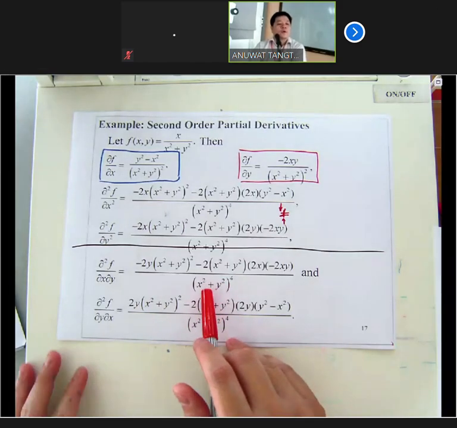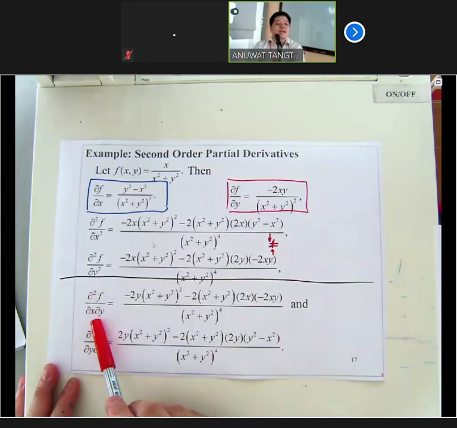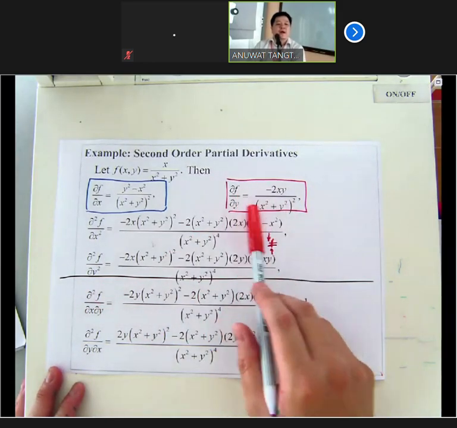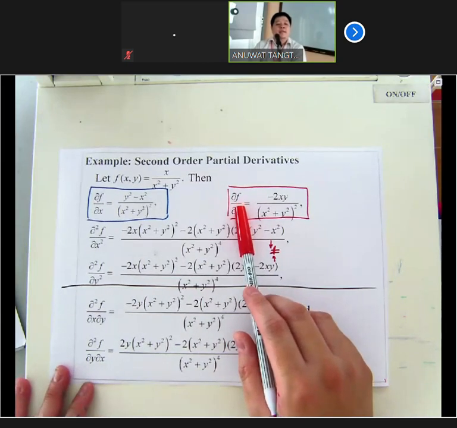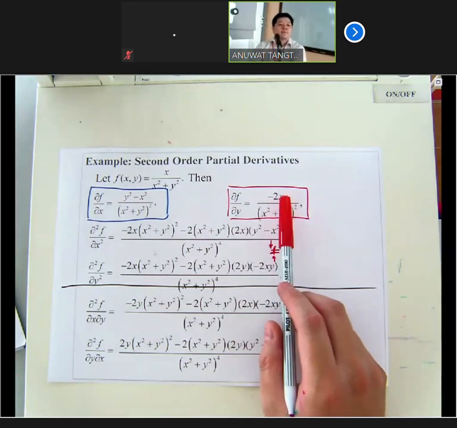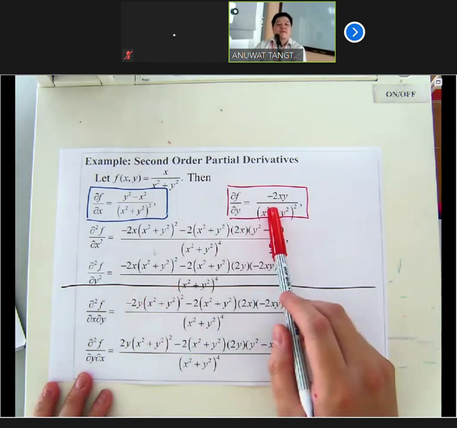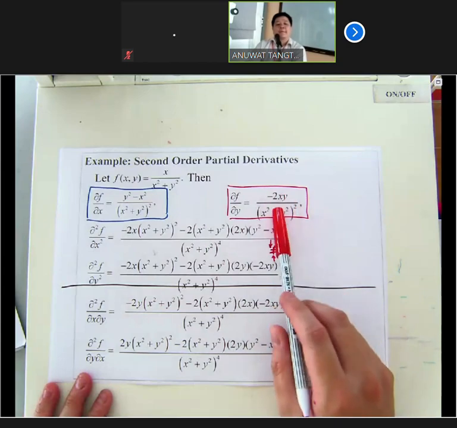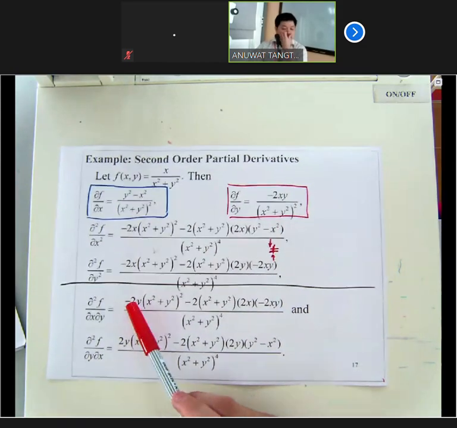Then look at this. For the partial derivative dx dy, that means we do d by dx to this function. To do d by dx of this function, again, this one is a quotient of x, so we apply the quotient rule. The first one, v, and when we differentiate the numerator with respect to x, we take minus 2y out and dx becomes 1, so this is minus 2y.